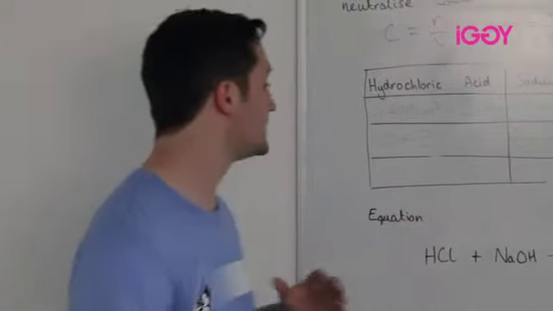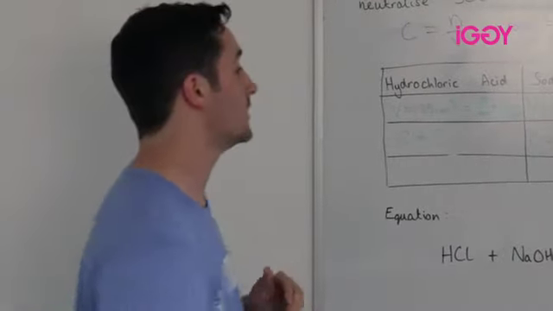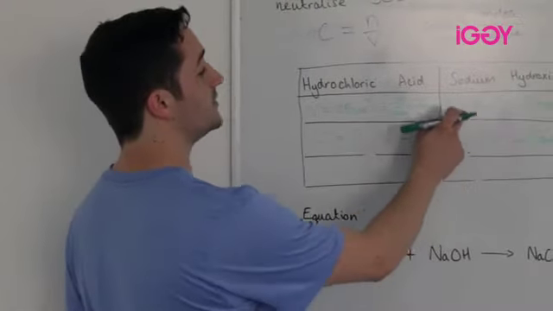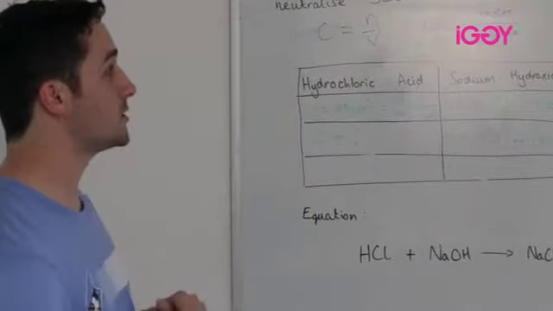So what we're trying to work out from this is the concentration of hydrochloric acid. The first thing we need to do is calculate the moles of what we've got. We know the concentration and the volume of sodium hydroxide, so we can pop them into our equation.